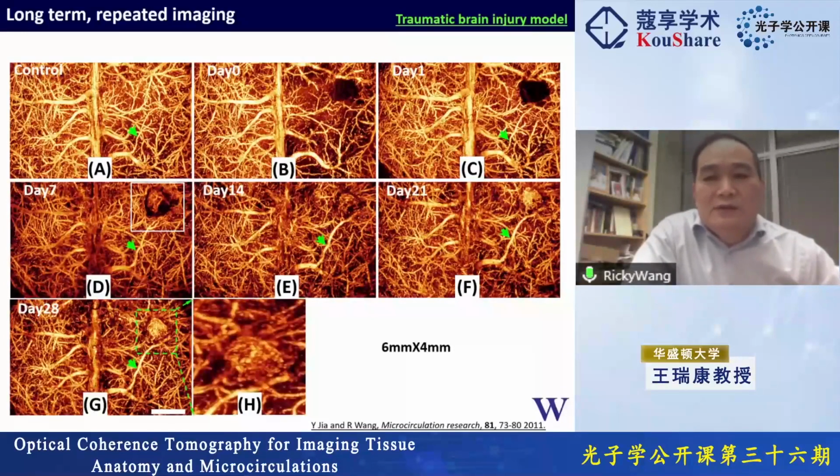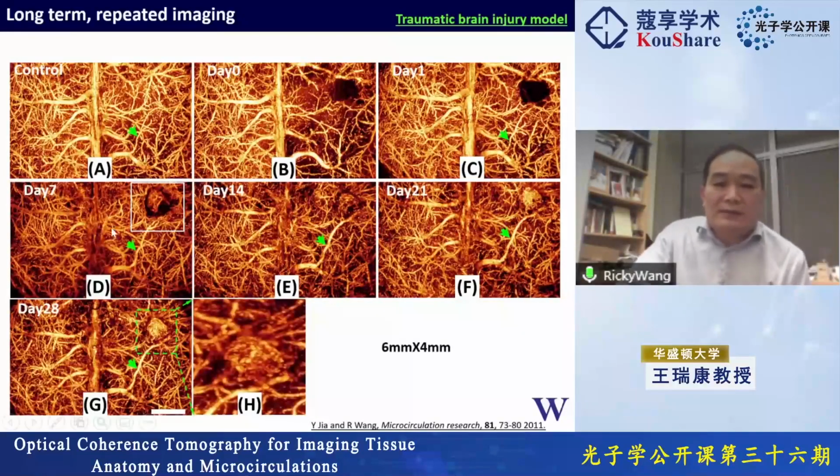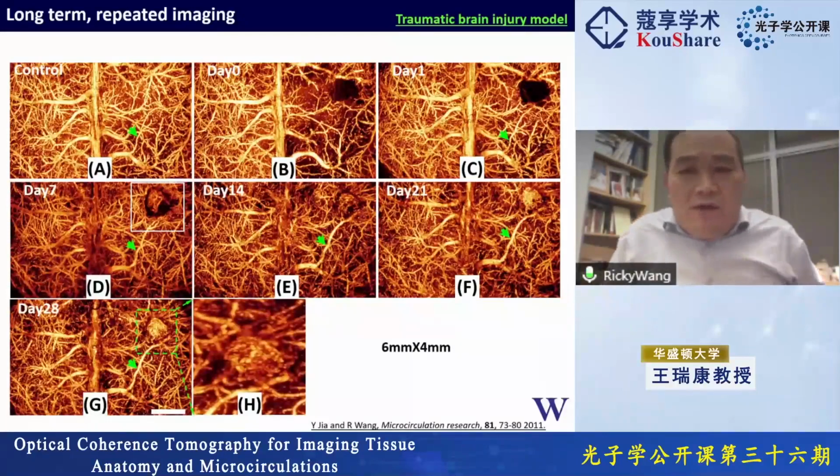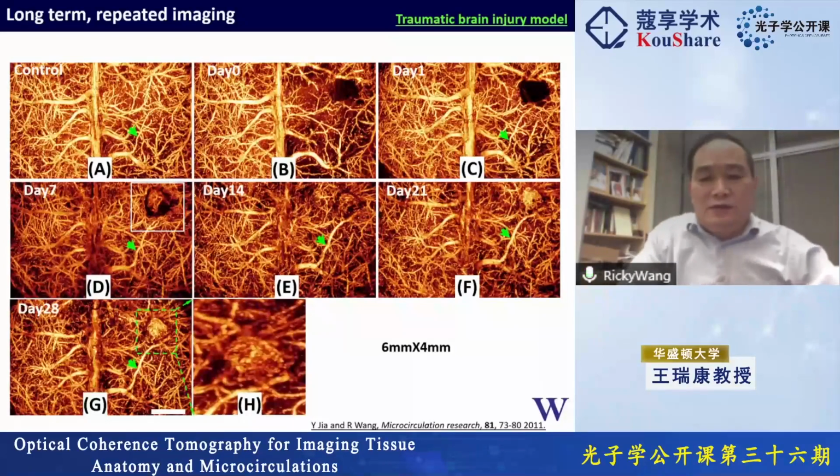This is called vasospasm, or a delayed response to the injury. So it looks like OCT is pretty useful to look at all the vessel involvement in the injury. This is just a quick example of using OCT to look at the vasculature involvement in the brain tissue.